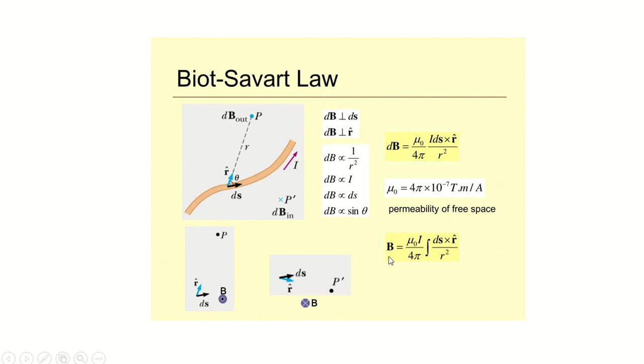That's why B equals mu naught I by 4 pi, since I is constant, it will be out of the integration, times the integral of ds cross r cap by r square. This is the total expression of the magnetic field which we can calculate from the Biot-Savart law.